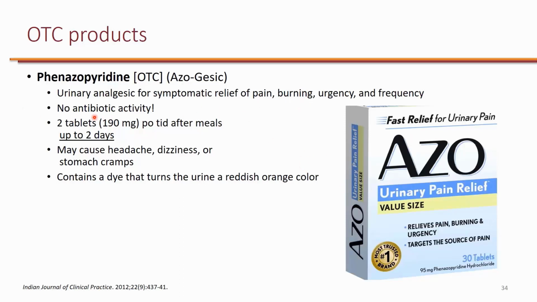Now, this product doesn't have antibiotic activity. It's just an analgesic. The recommended dose is 2 tablets by mouth 3 times a day after meals, for up to 2 days. They say up to 2 days because if the patient goes to their primary care physician and receives, let's say, nitrofurantoin, these symptoms will be gone within the first day.